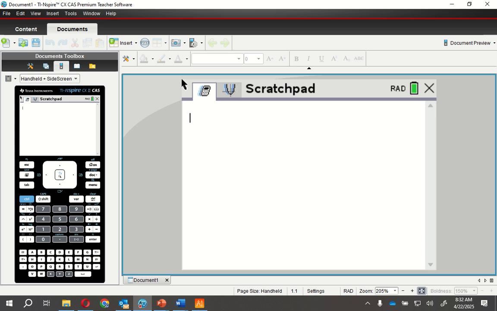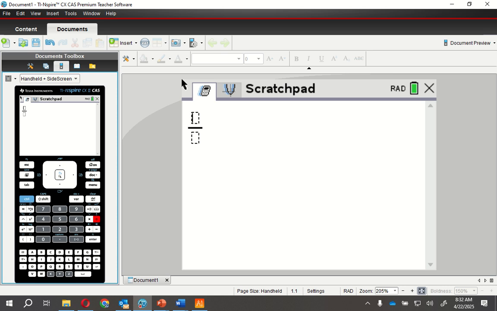Anyway, so control, divide, I'm going to have ln of, what was on top? 3. Control, divide again. This is ln 2, over 5.